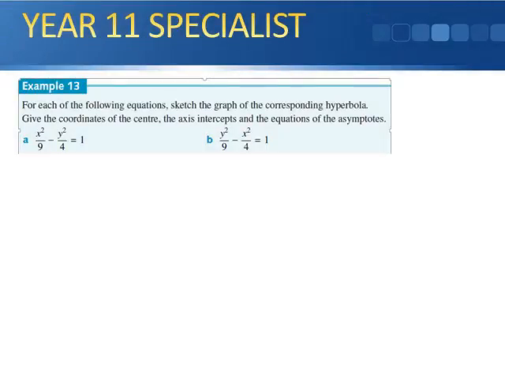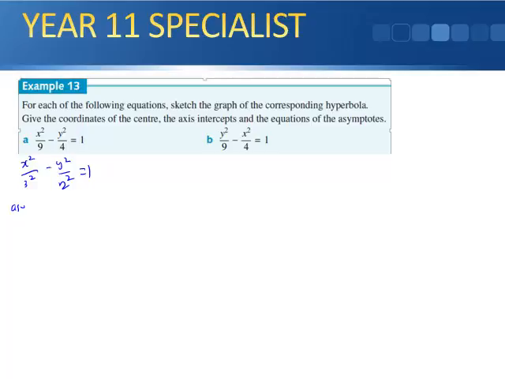Example 13. For each of the following equations, sketch the graph of the corresponding hyperbola, give the coordinates of the center, axis intercepts, and the equations of the asymptotes. So part A over here, I'm just going to rearrange it or rewrite it in the form of x squared over 3 squared minus y squared over 2 squared equals 1, so that's easy.